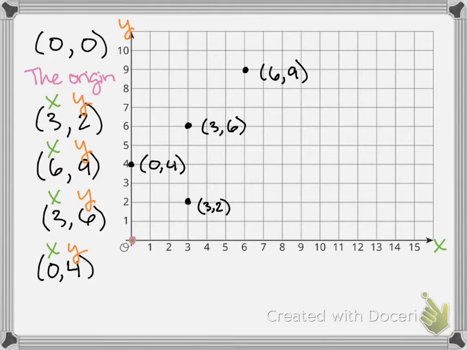And then our other special point is pretty similar. Just a little flip-flopped. So I'm going to label my X, and I'm going to label my Y. And this time I'm starting in the middle at the origin, and I'm going to travel along the x-axis until I get to 4. This is the spot where x equals 4. And I can draw my line.